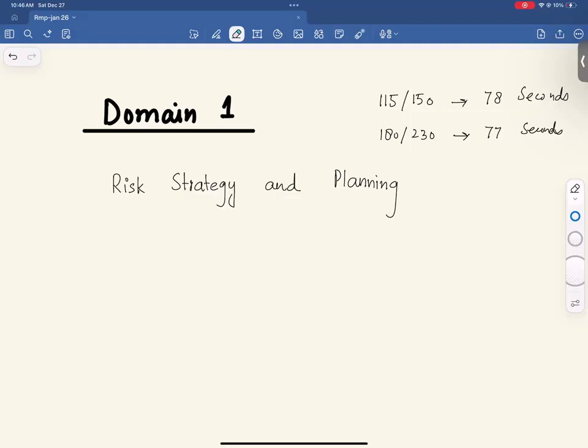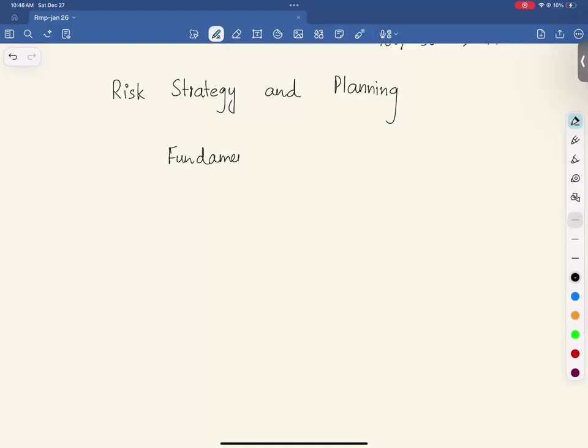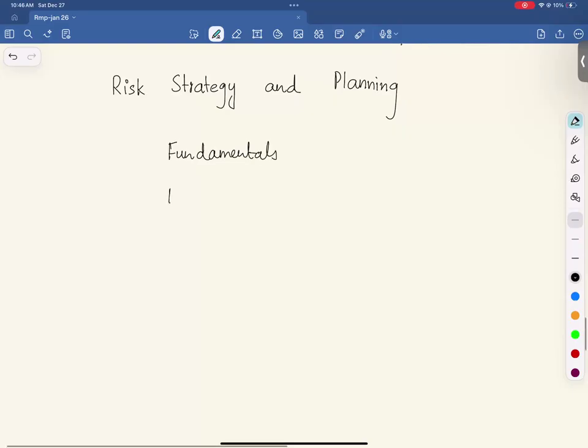Right. Okay, let's start risk strategy and planning. Everybody, please contribute. Let's have an interactive discussion. We'll start our discussion with the definition of risk. So here we will be talking about basics or fundamentals, some definitions. We will be talking about the risk management plan.